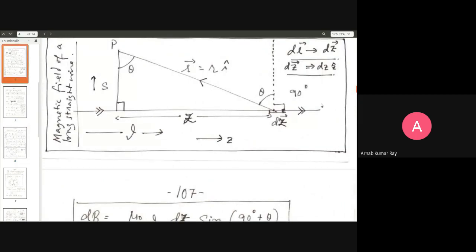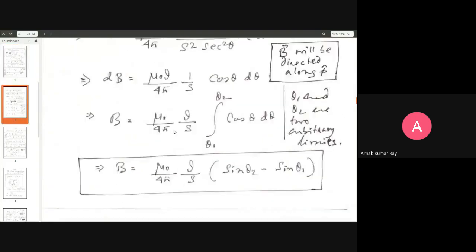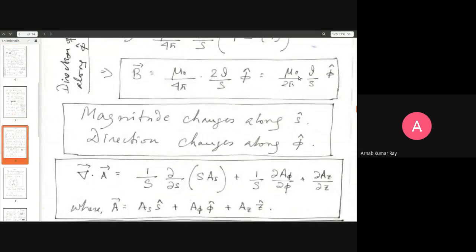If you treat that axis to be the axis of a cylinder of radius S, then the magnetic field strength will be given by mu naught I by 2 pi S phi cap. So the magnitude of this magnetic field depends on the S coordinate, but its direction is along the phi cap unit vector.